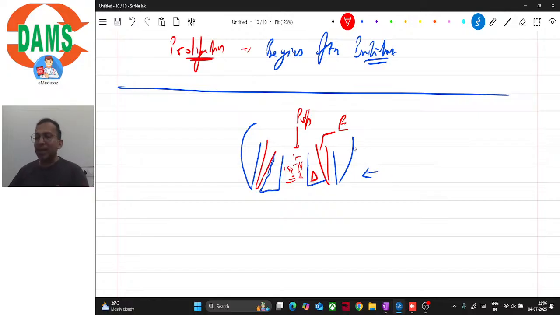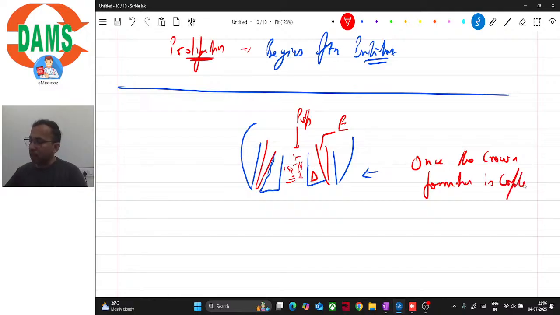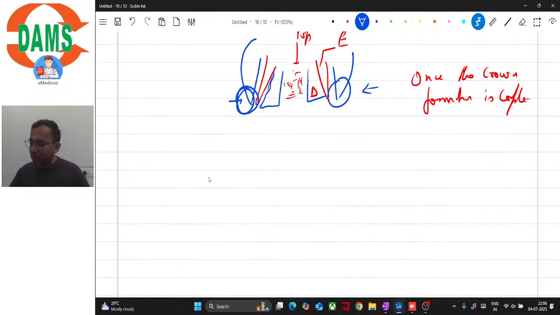So once the crown formation is complete, what will happen next? This cervical portion of the enamel organ, it will proliferate. So the cervical portion of enamel organ proliferates.